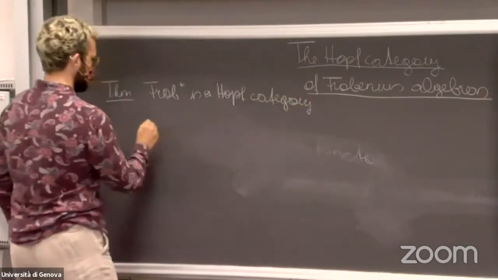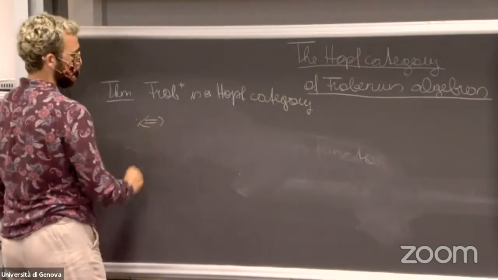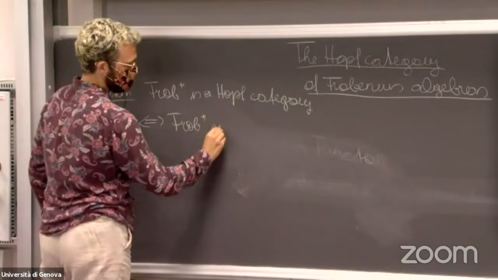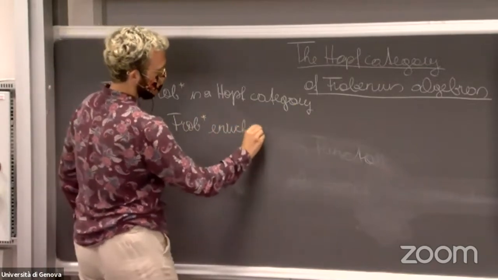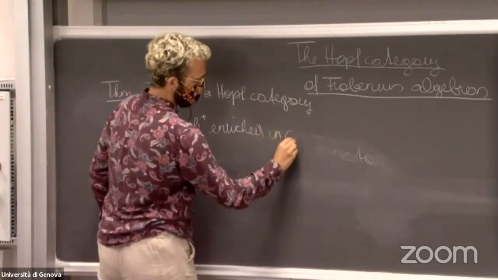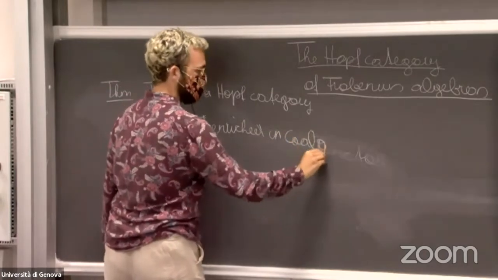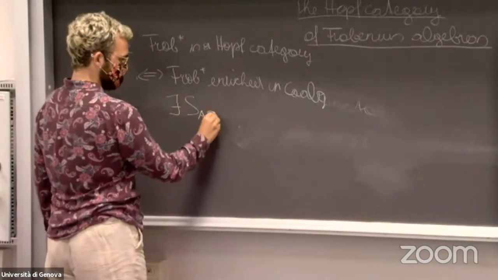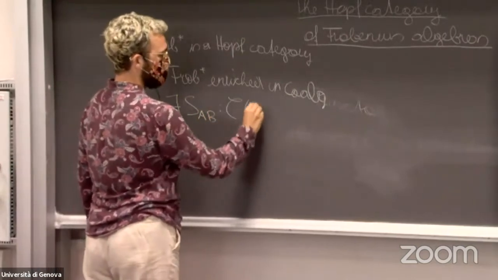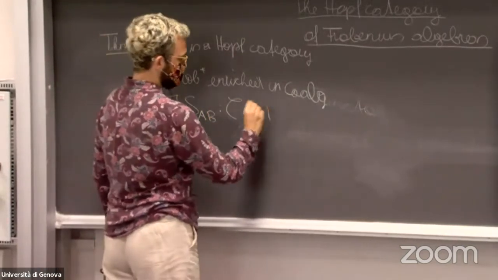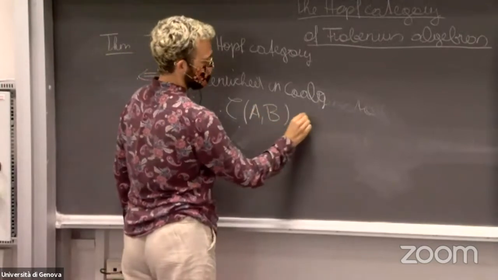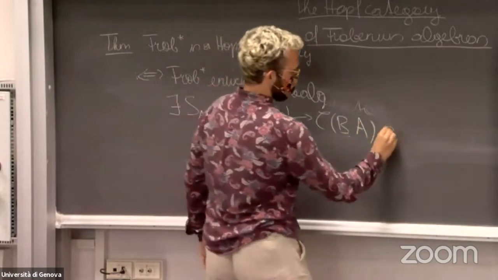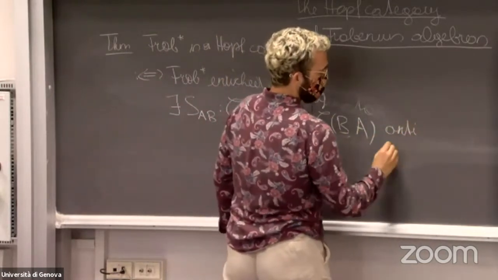If you never heard this explicitly, this means it is enriched in coalgebras, and I get a family of maps from the measuring from A to B to the measuring of B to A. This is an anti-coalgebra map.